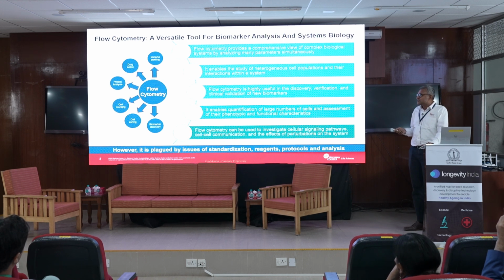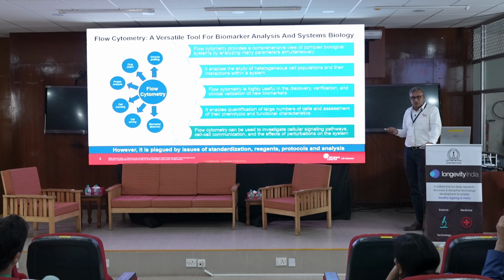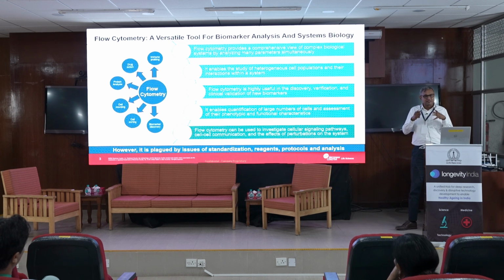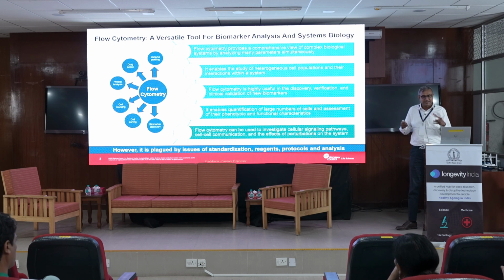We mainly have this technology of flow cytometry, where we are able to analyze a huge number of particle data, anything which is in a cell or any microbe, any bacteria, any particle, which can be measured in large quantities and used for very good system biological studies.